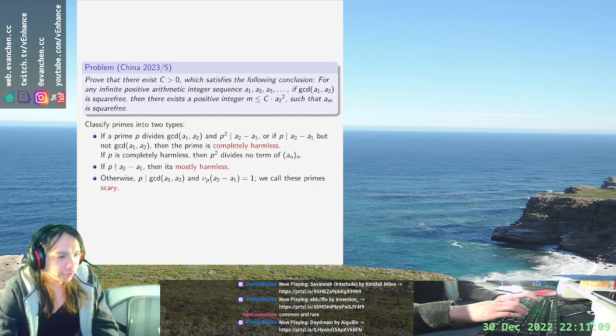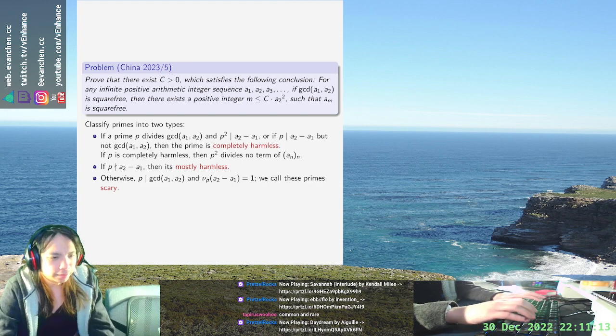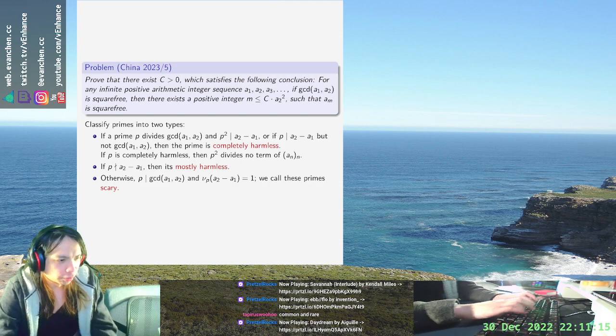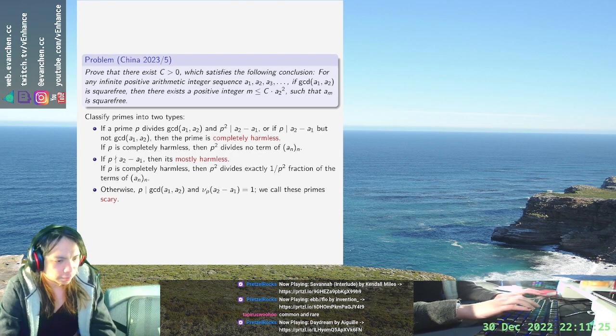And if P is mostly harmless, then P squared divides exactly a 1 over P squared fraction of the terms of A_n. And if P is scary, then it divides a 1 over P fraction.